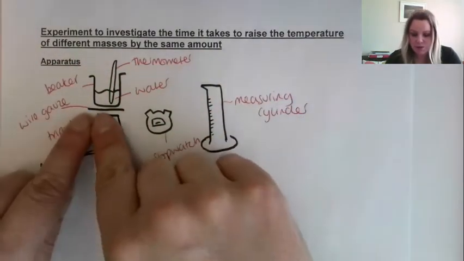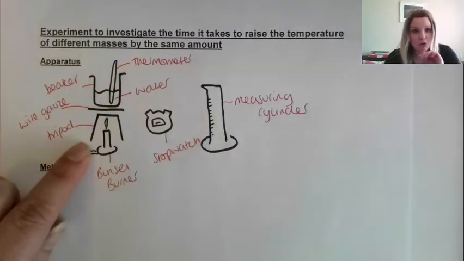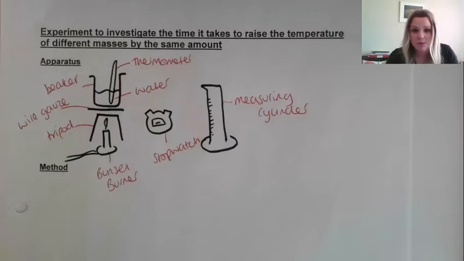The beaker is then set on a wire gauze, which is on top of a tripod, so that a Bunsen burner can be put underneath to heat up the water. As soon as that Bunsen burner is put underneath, we would start our stopwatch and keep watching the thermometer to see how long it takes for the temperature to rise by 10 degrees Celsius. Then we would do that for various different volumes of water, which would be various different masses of water. Hopefully that made sense.